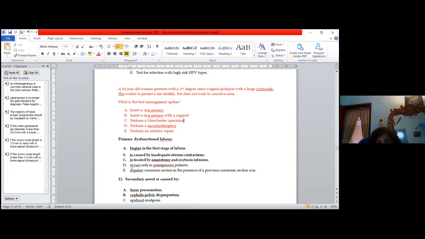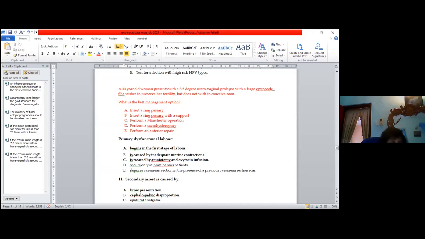So a section is needed if there's any evidence of obstruction, malpresentation incompatible with normal delivery, inadequacy of the pelvis, fetal heart rate problems, scarred uterus, and the mother is not willing. And if there's severe maternal distress. The mother is very anxious and not willing.